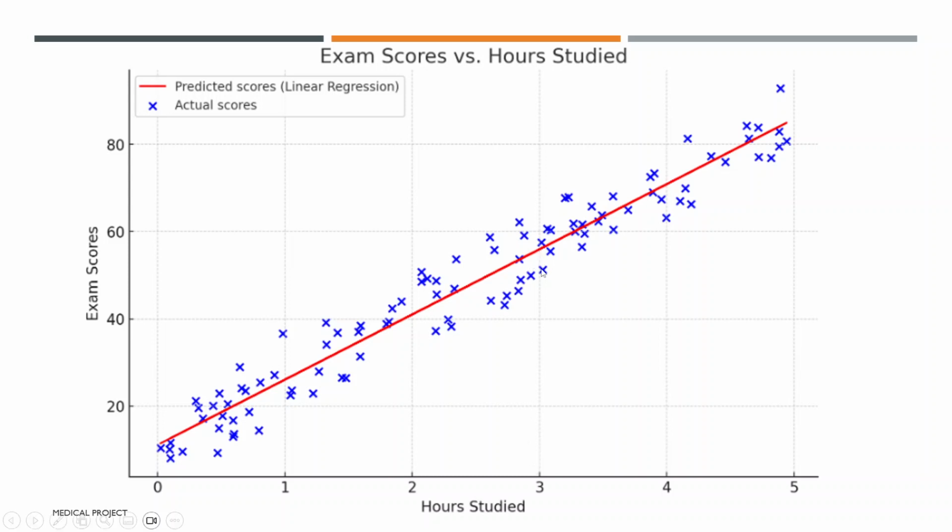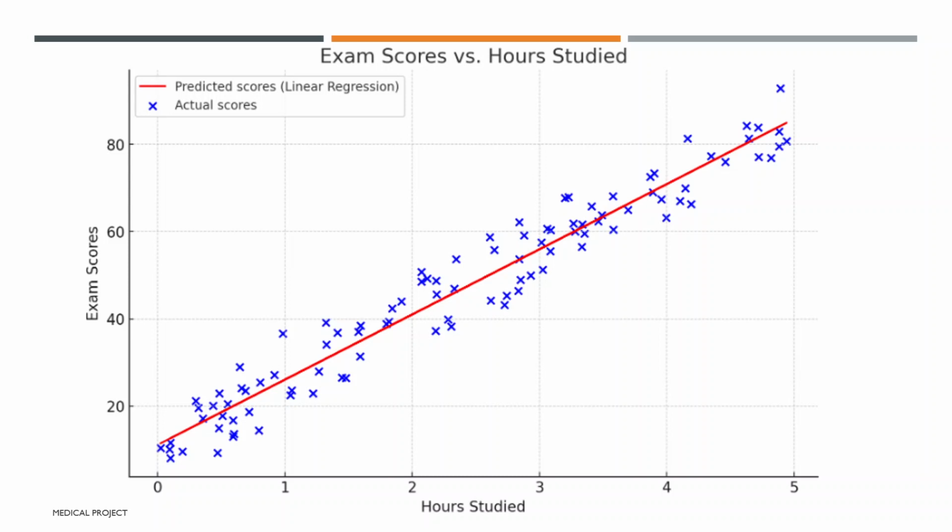Then from where you meet the red line, you move to the left to meet the y-axis. I don't know why my mouse is acting up, but when you get up here, you move down to the left to where you have the y-axis. The point where you meet the y-axis gives the predicted score.